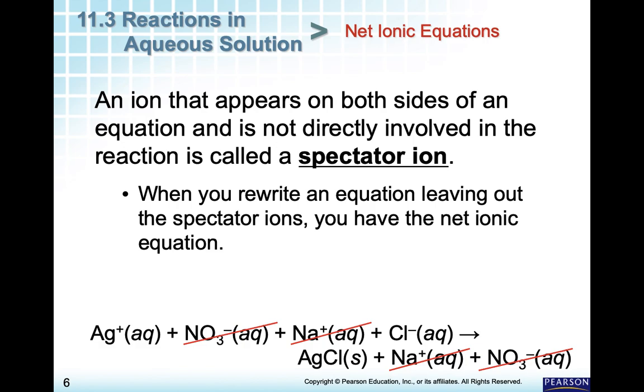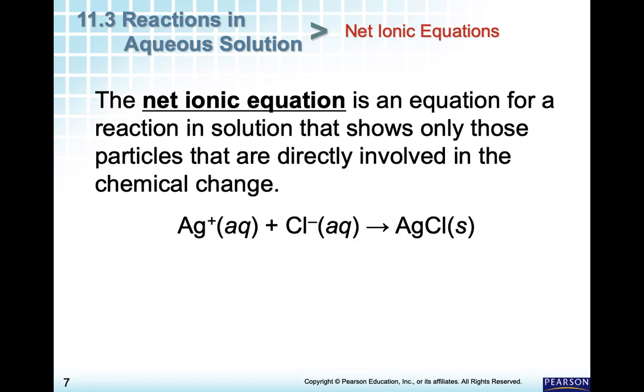And to do a net ionic equation, you need to first do the complete ionic equation, and then you can do the net ionic equation where you would rewrite it without those spectator ions. And so the net ionic equation is just the things that are changing, so we can focus on those and not see things that are just hanging out.